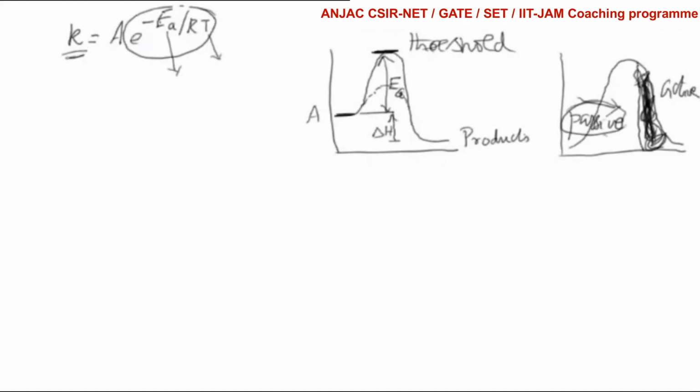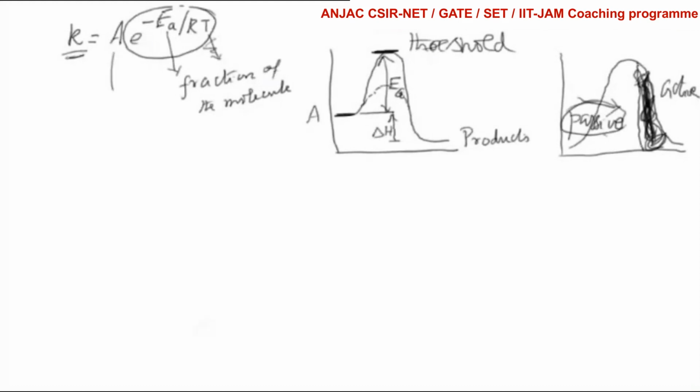This is nothing but the fraction of the molecules crossing the energy barrier, or the fraction of molecules which attain the threshold energy, or the fraction of molecules which are ready for undergoing the reaction. That is called the fraction of molecules attaining the threshold energy.